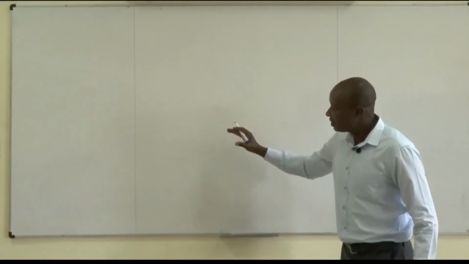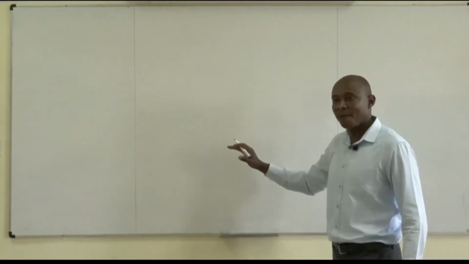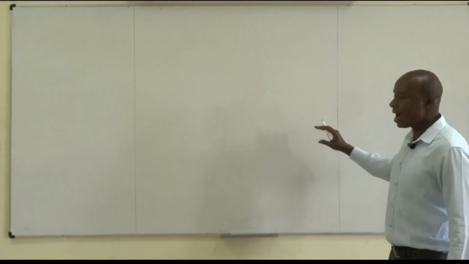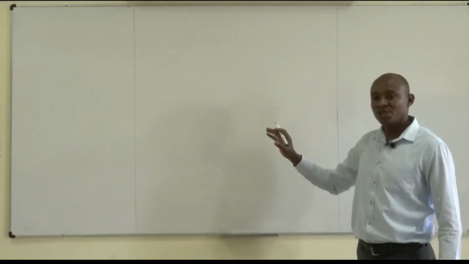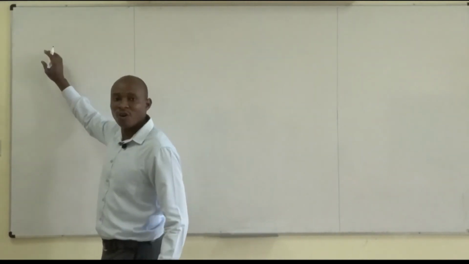So, as I've said, the divisions of your board depend on how big your board is. For example, with my board, I'm going to divide it into 3 sections. Now, this is the section for objectives.